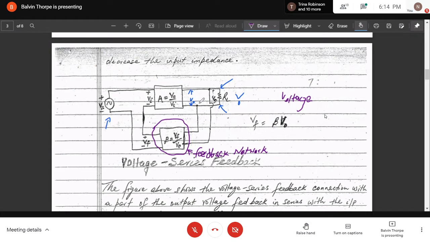Then it means that this is a voltage series feedback.